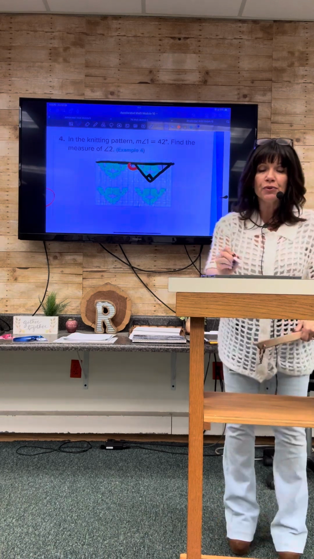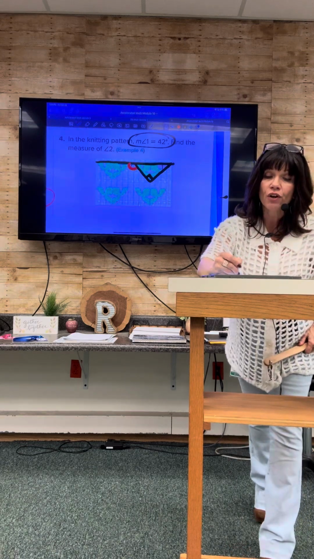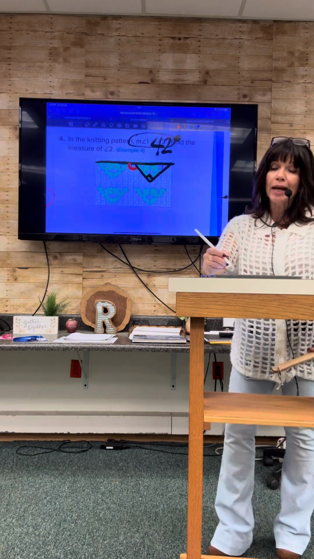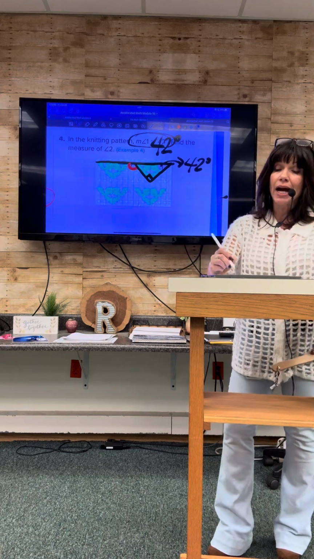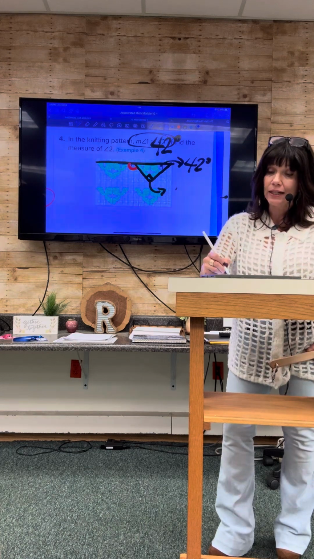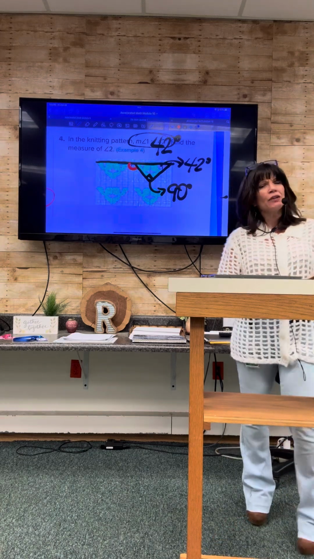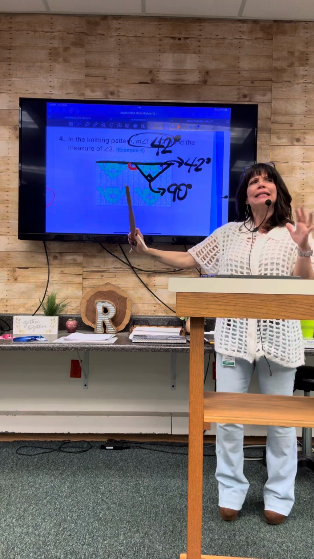Do they tell you the measure of angle 1? Yes, they said it was 42 degrees. So shouldn't I label angle 1 as 42 degrees? Shouldn't I label the angle that is indicated as a right angle with 90 degrees? Yes. And then, because they're asking for angle 2, but I can't give them that yet.